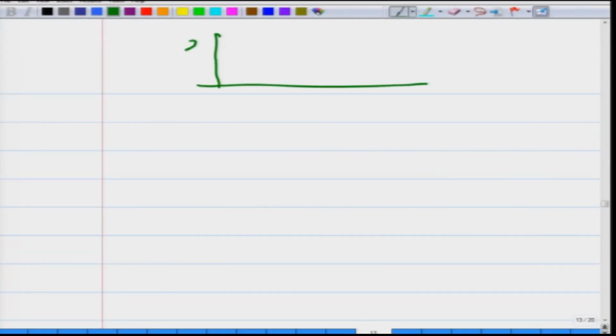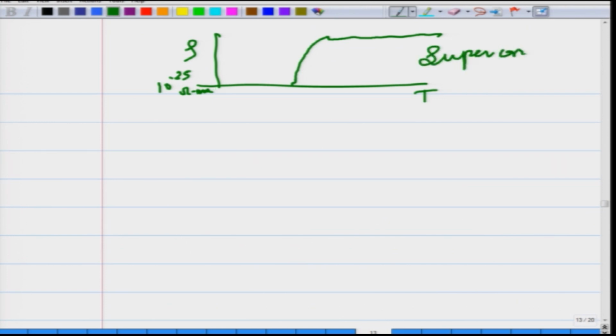Furthermore, towards the end of this course, you will again take a look at the behavior of resistivity as a function of temperature, and there are certain materials whose resistivity could be constant or varying with temperature, but below a certain temperature the resistance drops to almost 0, below measurable limits. The resistivity actually falls below 10 raised to minus 25 ohm centimeter, and these are called superconductors.